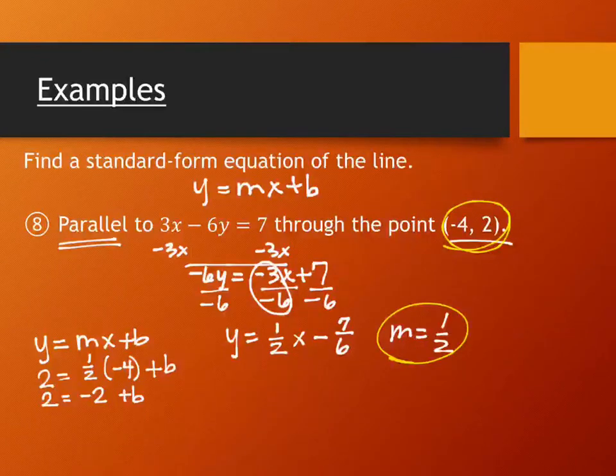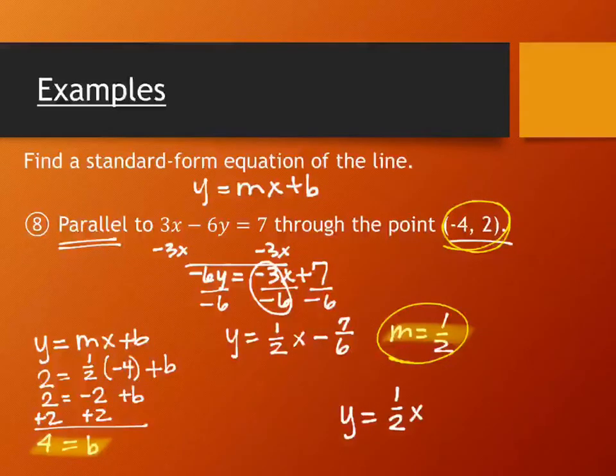What's my last step to solving for b? Add the 2. Yeah, add the 2. So I have b on the right, and I have 2 plus 2 on the left for a 4. So now I have my b value, I have my slope value, and I can write out the equation of my line. y equals 1/2 x plus 4.